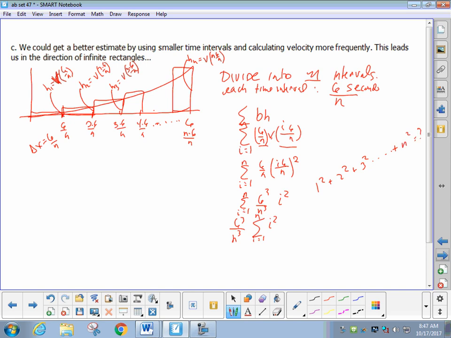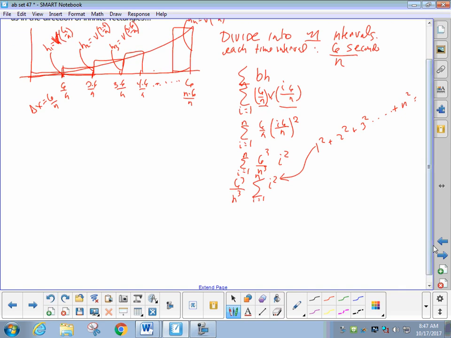What does that equal? That's what that summation means. How do I find what that equals? Well, there's a formula for it.